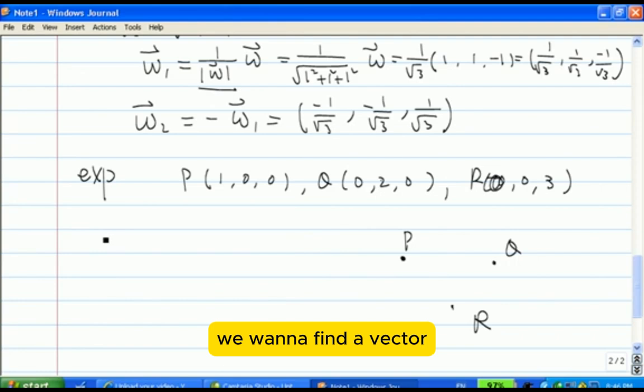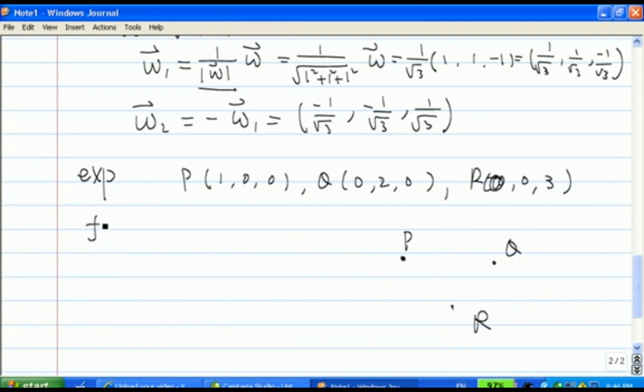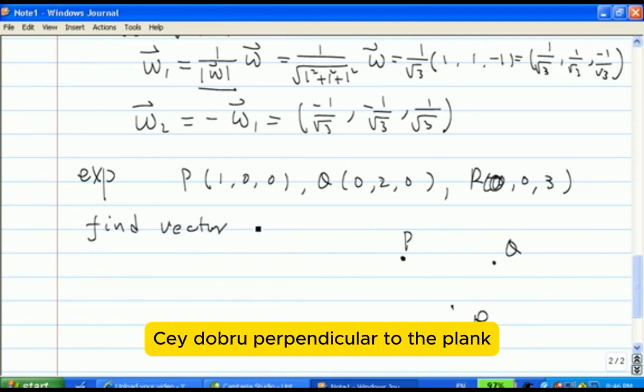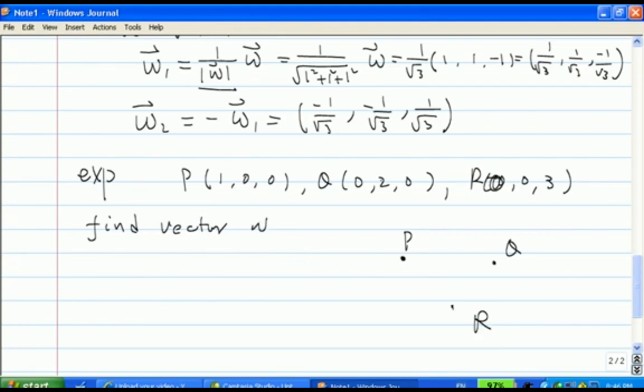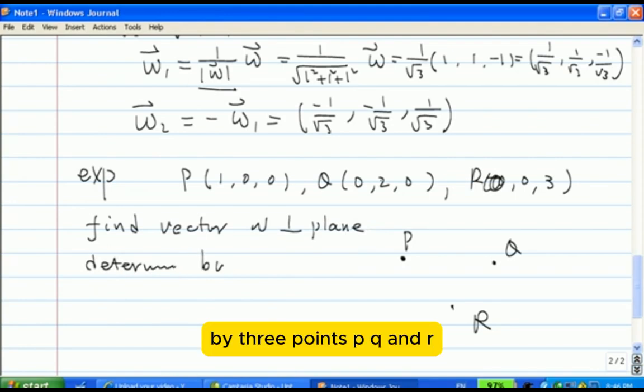We want to find a vector W perpendicular to the plane determined by the 3 points P, Q, and R.